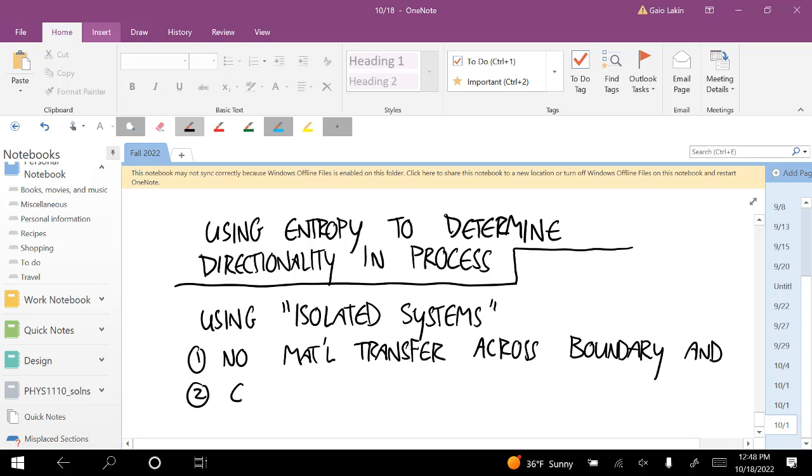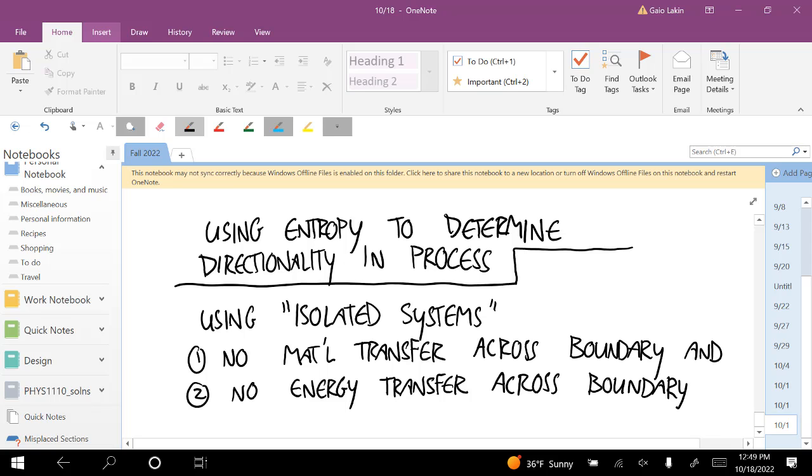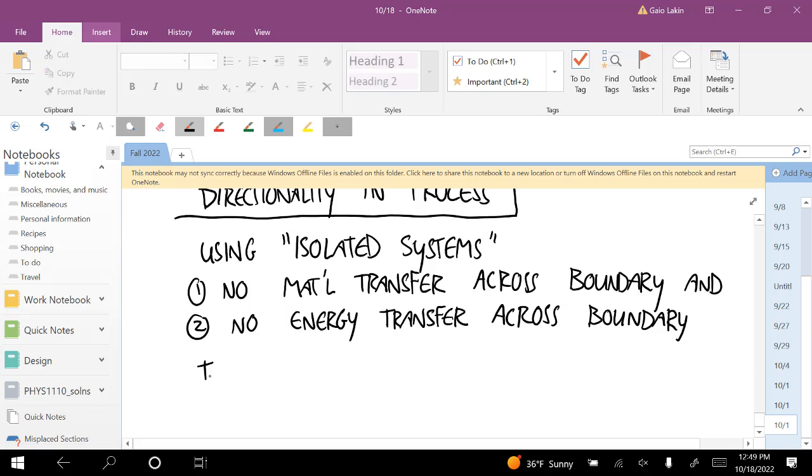Second, no energy transfer across the boundary. So think of a rigid insulated container.